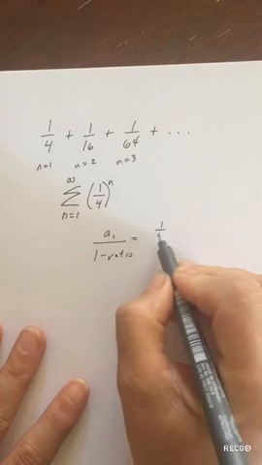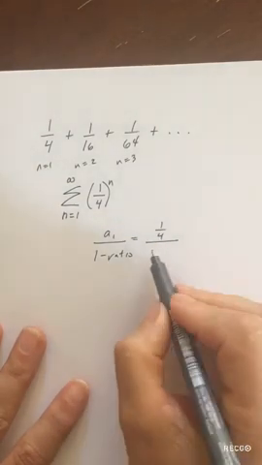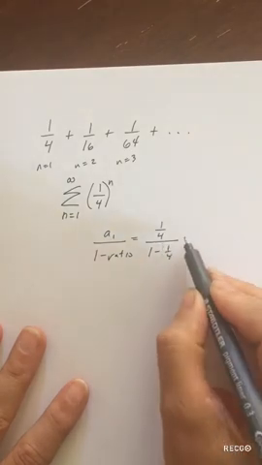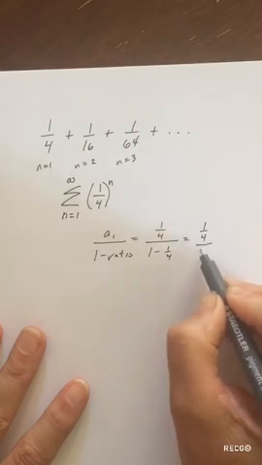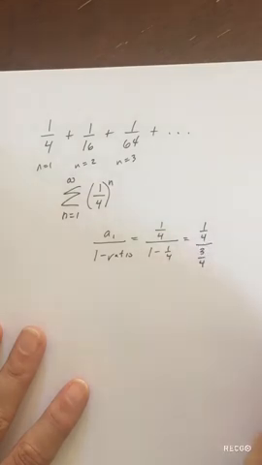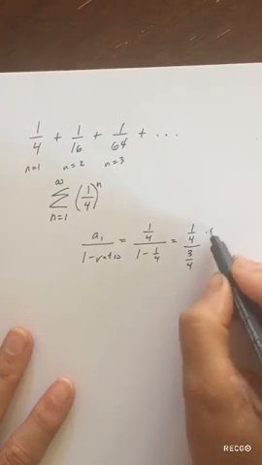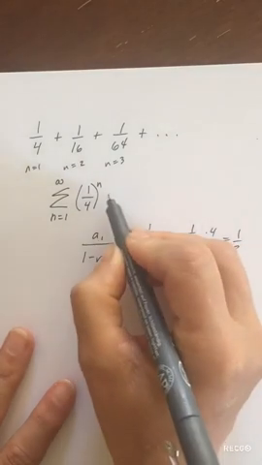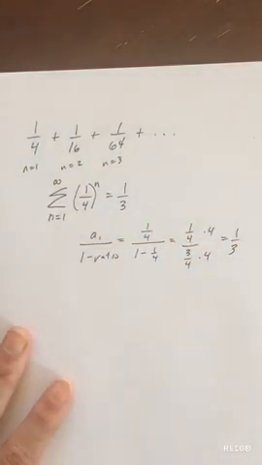It's going to be 1/4 over 1 minus 1/4, because 1/4 is both the first term and the ratio. So I get 1/4 over 3/4, and if I multiply by 4 over 4, I get 1/3. So that whole sum is going to be 1/3.